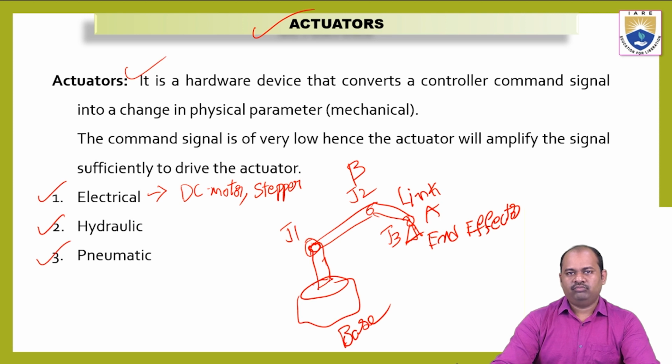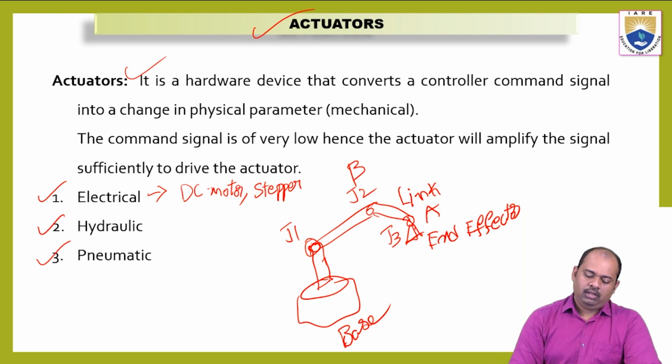Automation includes both CNC machines as well as robots. In CNC machines, the actuators are used for loading or unloading the workpiece from the chuck of the machine, whether it is a drilling machine or a milling or lathe machine. In robots, the actuators are used for creating the mechanical movement.